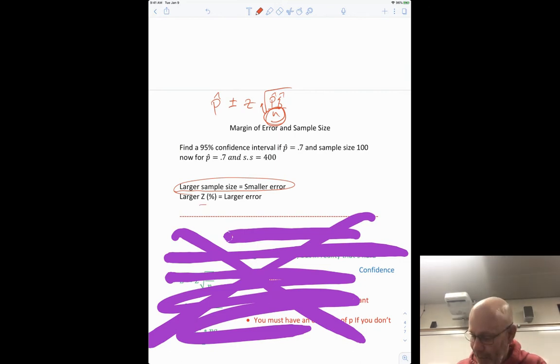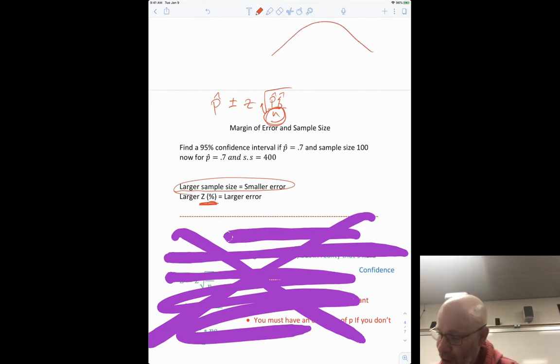And if I take a larger z, which means more confident, think about 1.96 for 95%. But if I want to go to 99%, I go 2.575.